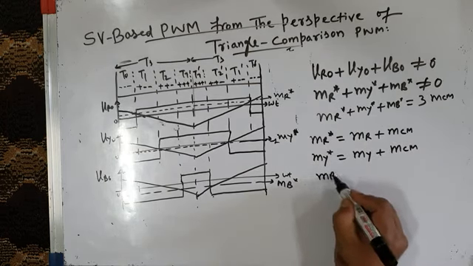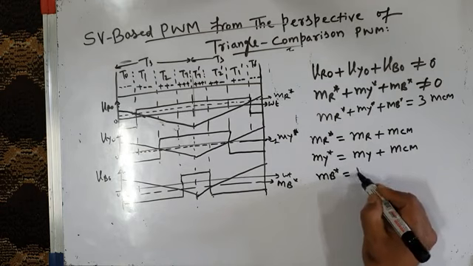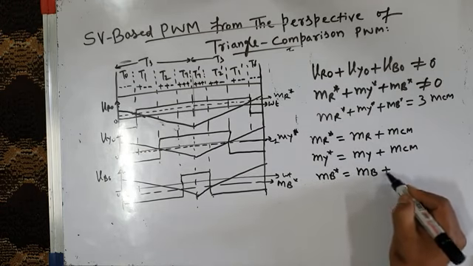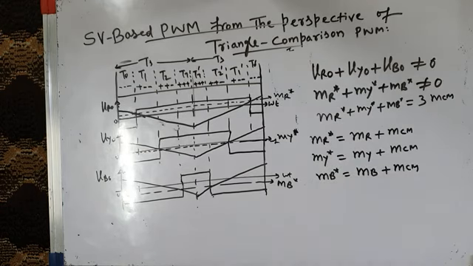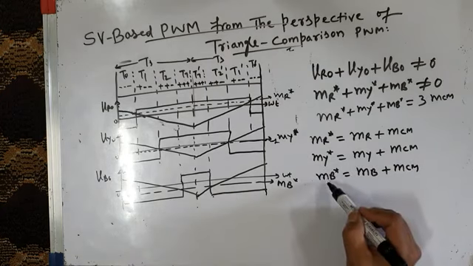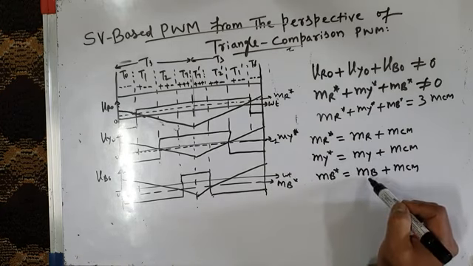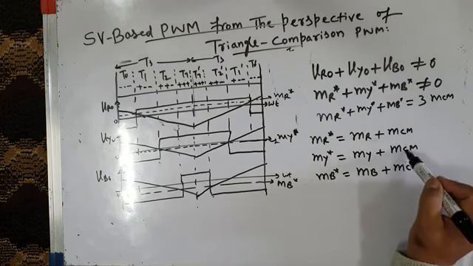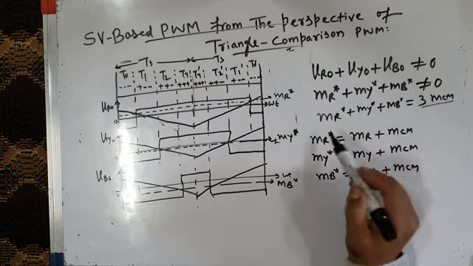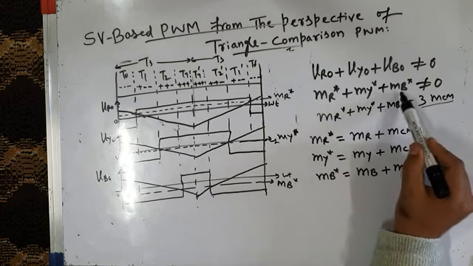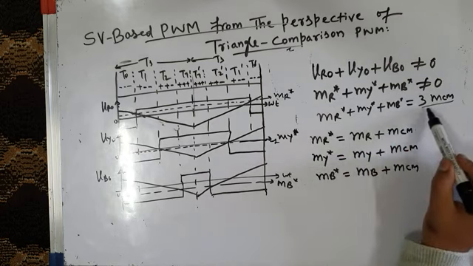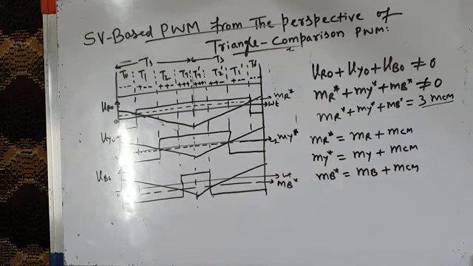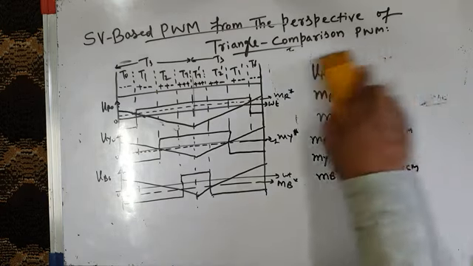And MB star is the original sinusoidal modulating wave MB plus MCM. When you add them up, MR plus MY plus MB is 0, but MCM plus MCM plus MCM is 3 MCM. So MR star plus MY star plus MB star is not equal to 0, but is equal to 3 times MCM. Okay, fine.